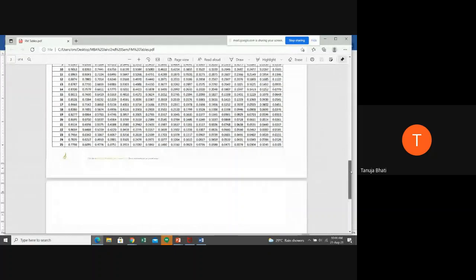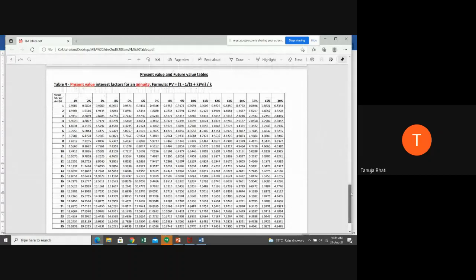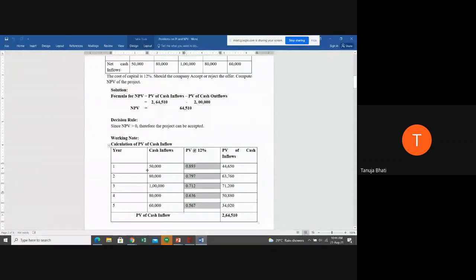Table number 4 is the present value for an annuity. And what is the meaning of annuity? A series of equal payments or equal inflows. Here you're getting a single amount for years 1, 2, 3, 4, 5 respectively, right? That is why you have to use table number 3.